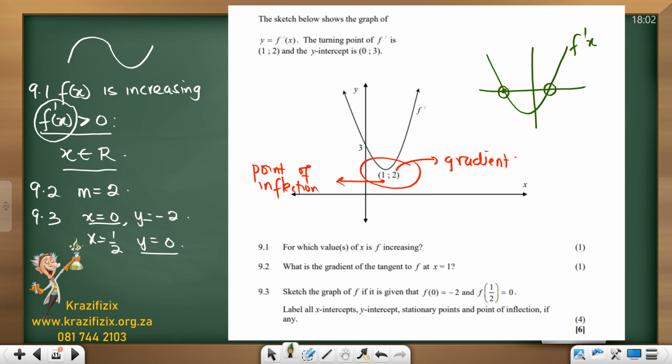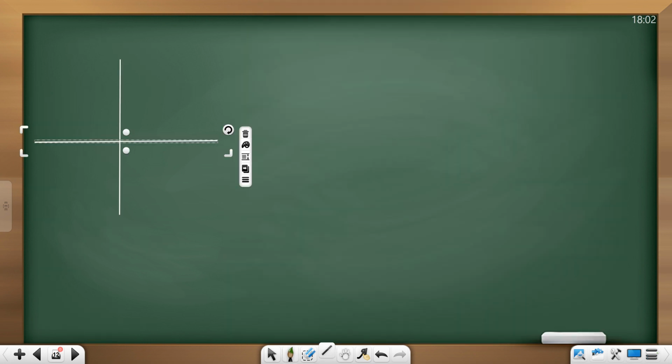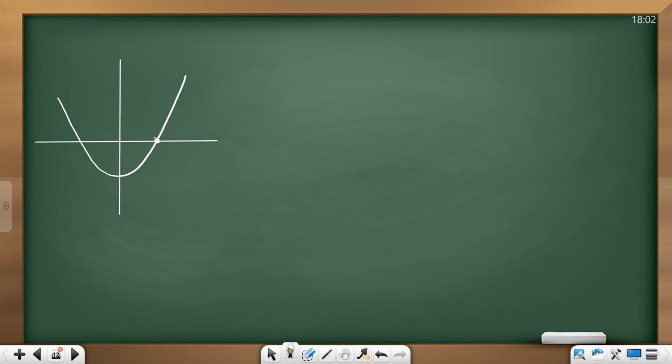Let's try to interpret. It's a very tricky one. Okay, let me repeat what I just said, guys. I am given that this graph is f prime of x, and I am given a, b. This graph is actually looking like this, where this is a, where the turning point there is b, and this is the point of inflection.